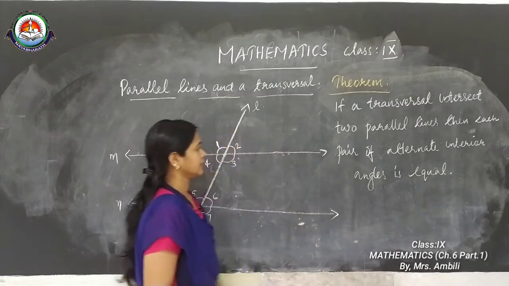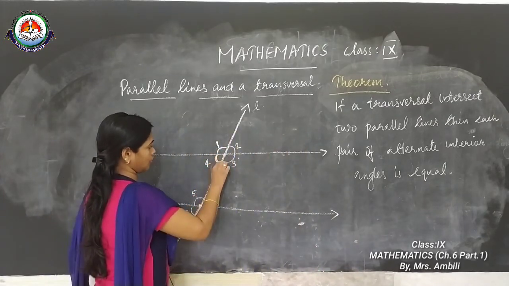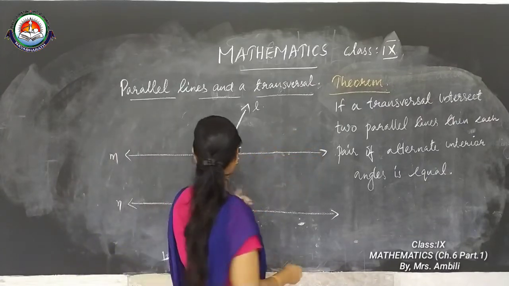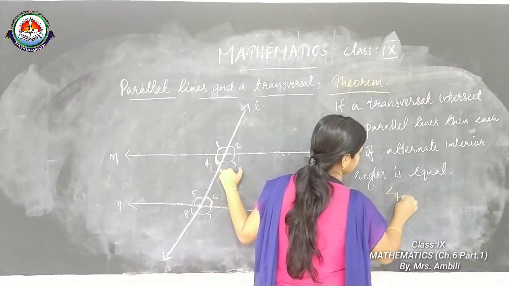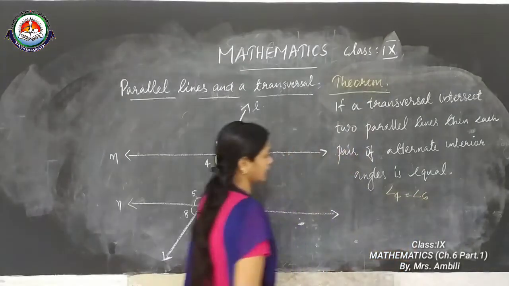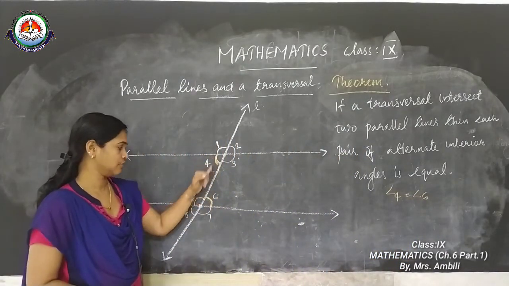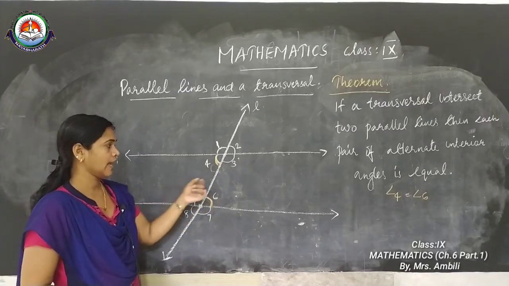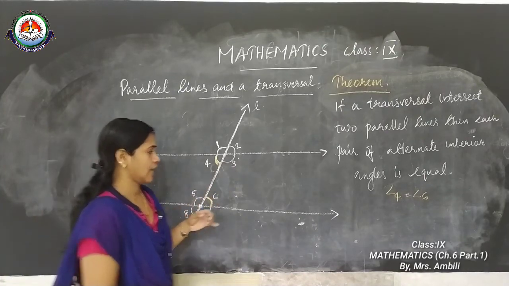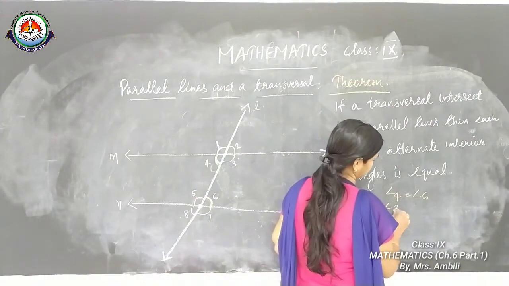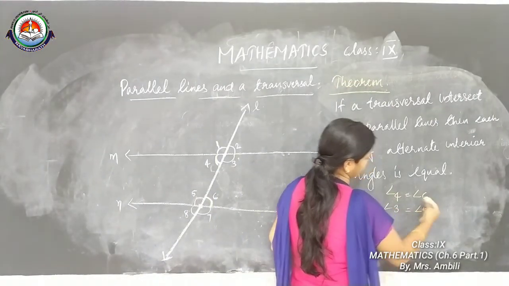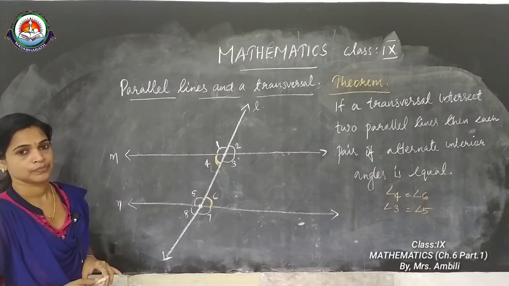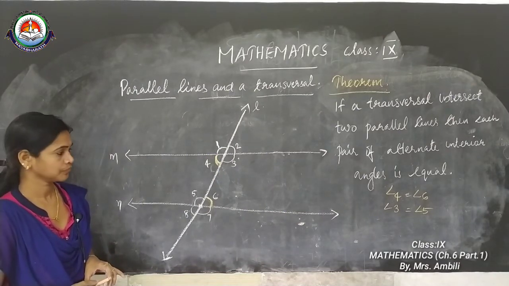What are the alternate interior angles here? Angle 4 and angle 6. According to this theorem, angle 4 is equal to angle 6. Alternate interior angles. Next pair of alternate interior angles, angle 3 and angle 5. Clear?